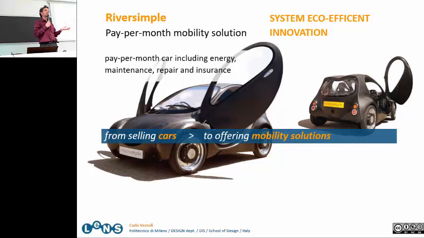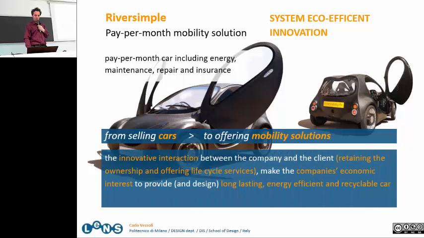So we are moving from selling cars, the business as usual, to offering a mobility solution. We think in terms of final satisfaction. I'm interested in having cars, but we could discuss this, or my own cars, or simply to move around.